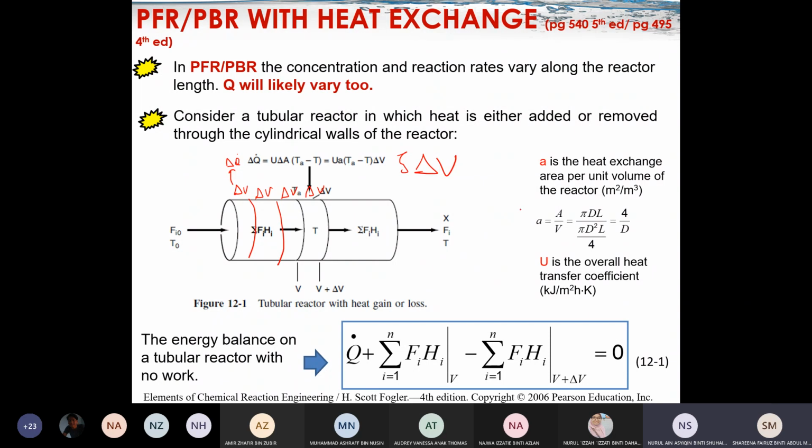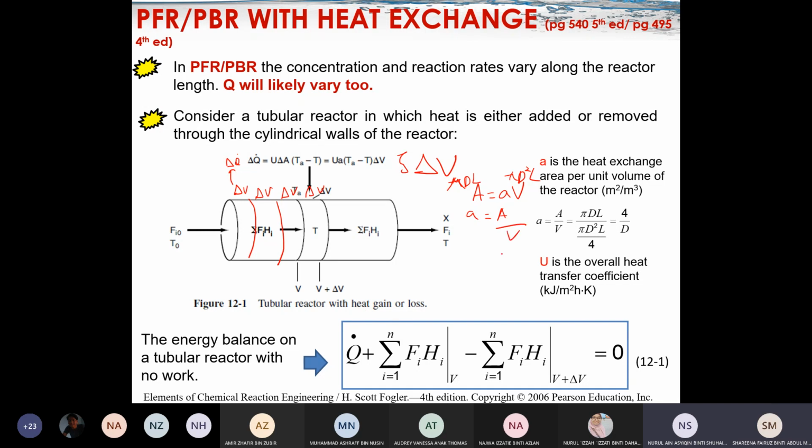Okay, so we assume that area is equal to a times the V. Alright, so V is the volume. Okay, this is a cylinder which is pi d squared L, and area is pi d L. Okay, pi d L, and this is pi d squared L. Okay, so you will have the a. Alright, a is the heat exchanger area over the unit volume.